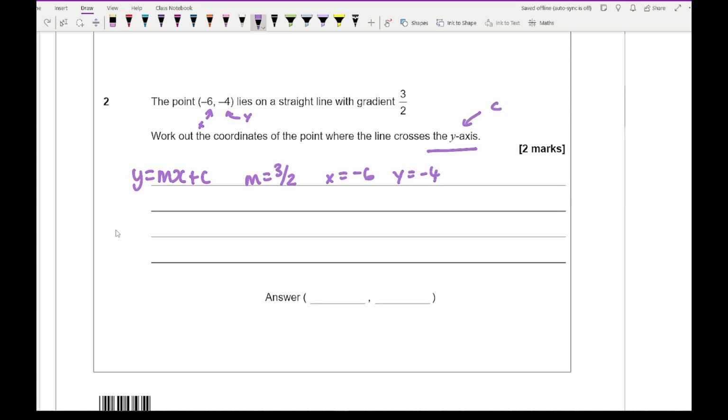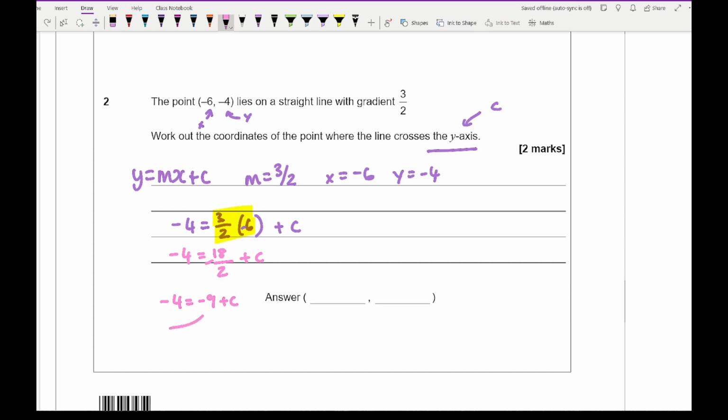So substituting those numbers in, I end up with minus 4 equals 3 over 2 multiplied by minus 6 plus c. Well then, if I simplify this, that's going to be 18 over 2, and that should be minus 9. So from this we get minus 4 equals minus 9 plus c.